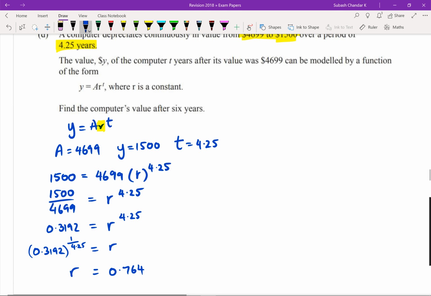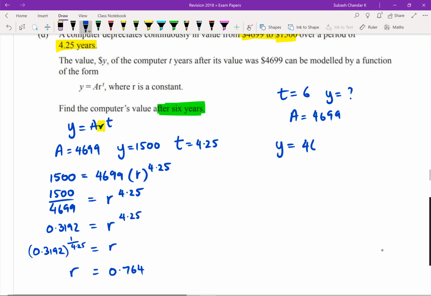Now that I've figured out what R is, I can go and work out the value of the computer after 6 years. So at 6 years, the time is equal to 6. Y is what I'm trying to figure out. The A value is still 4,699.